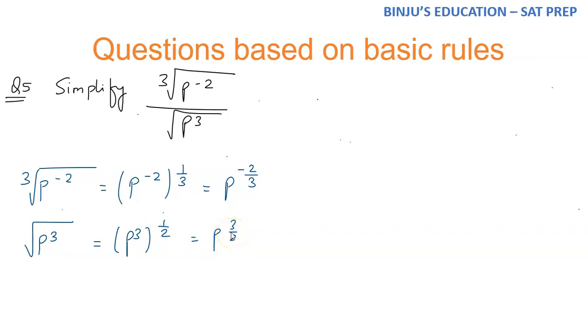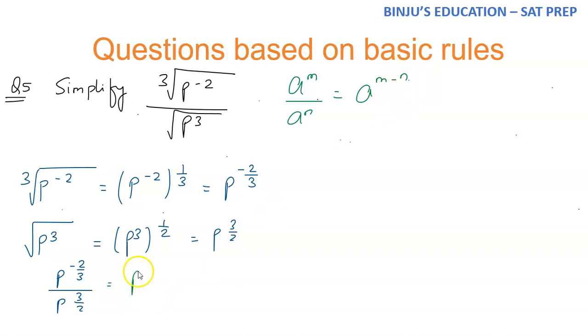So this expression is nothing but p to the power minus 2 by 3 divided by p to the power 3 by 2. Now how do we solve this further? We solve this further using that second property that we discussed, that a to the power m divided by a to the power n is a to the power m minus n.